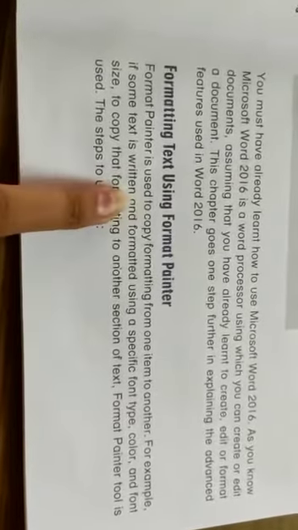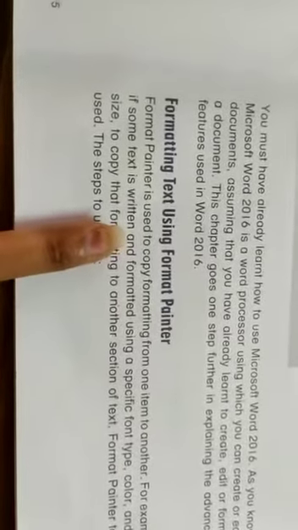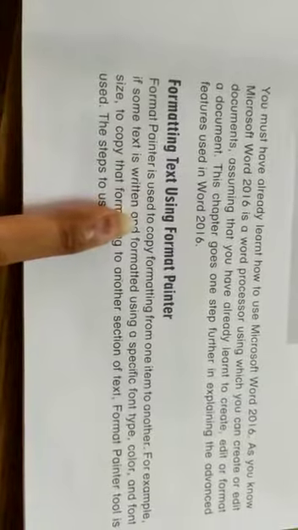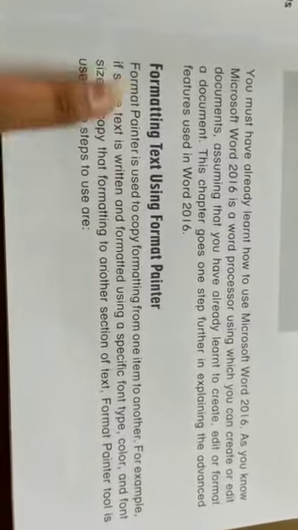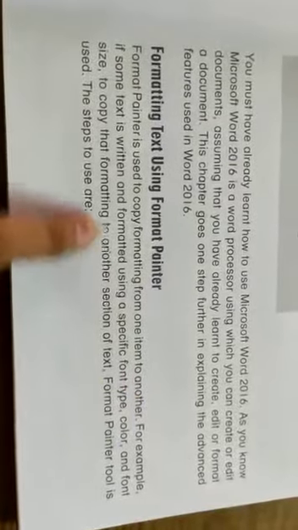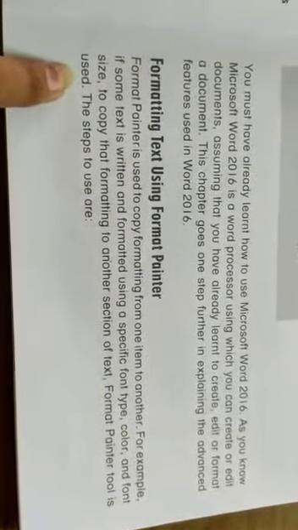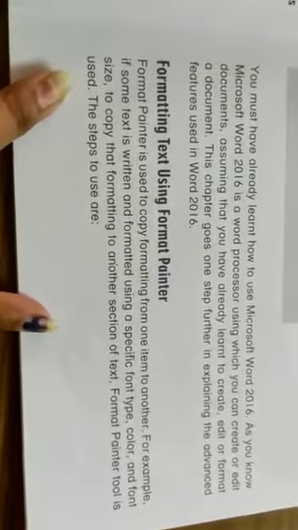If somebody asks you in the exam, what is Format Painter? Your answer will be this, from here till here. This is the answer for what is formatting text using Format Painter.